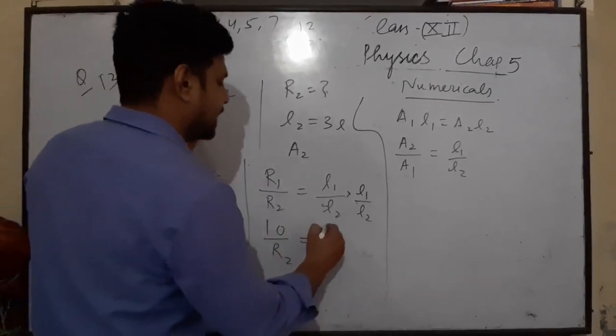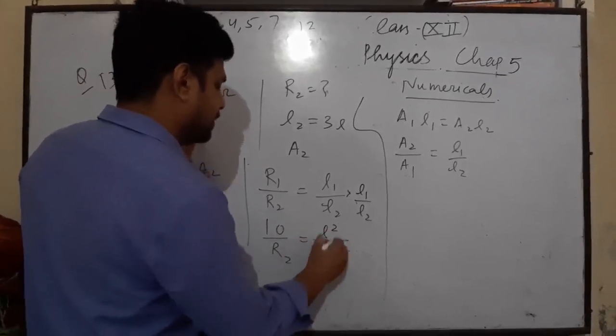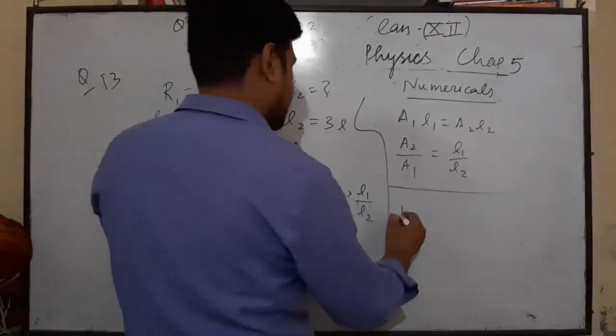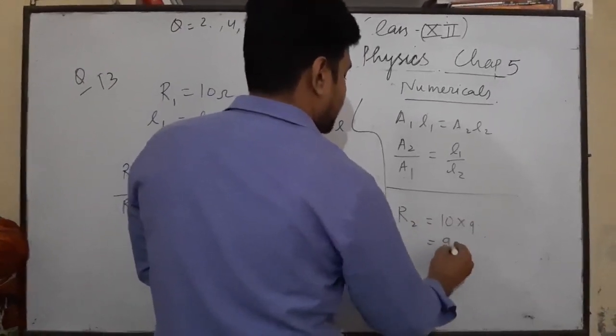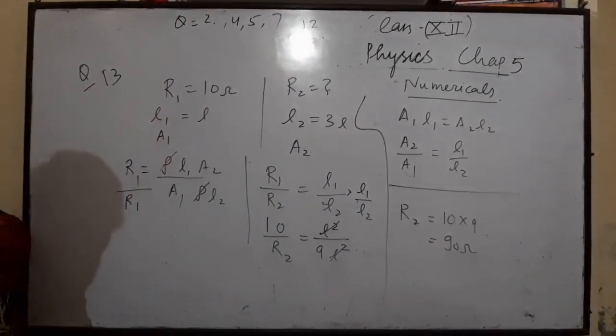This is L square upon 9L square. So it becomes 1 over 9. Then R2 is equal to 10 into 9, 90 ohm. So it will be the resistance of new wire.